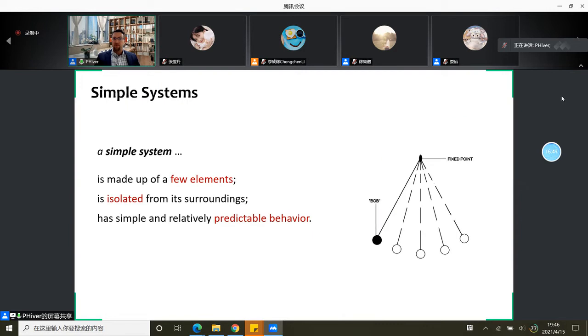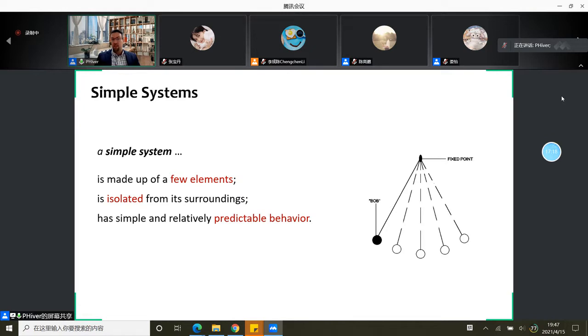So, still thinking about assumptions, one of the assumptions that conventional research operates with, whether implicitly or not, is that we are studying fairly simple systems made up of just a few elements that are also isolated from their surroundings. So, like this pendulum, we can see that because of these few elements separate from their environment, it has relatively predictable behavior.